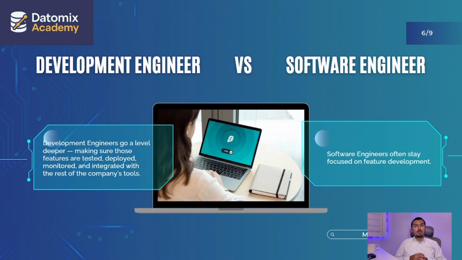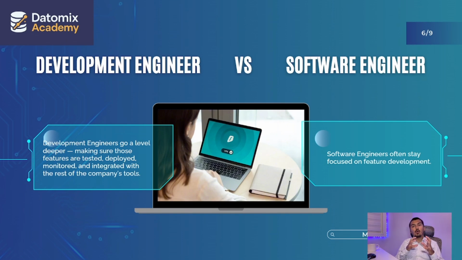So you might be wondering, how is this different from just being a software engineer? Great question. Here is the difference in one sentence. A software engineer writes the code, but a development engineer makes sure it actually works across systems and teams. They are the ones who control that code in the future.